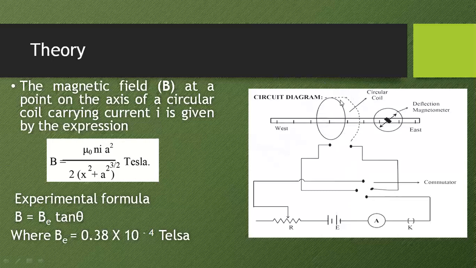Based on this direction of current in the coil, the deflection magnetometer shows the deflection in different directions. During the experiment, we keep the deflection magnetometer at different positions from the center of the coil, and we observe the magnetic field.